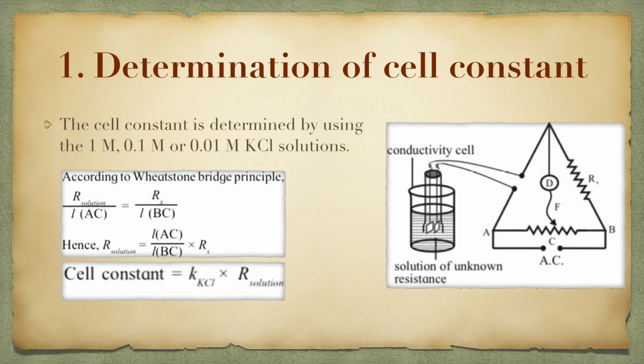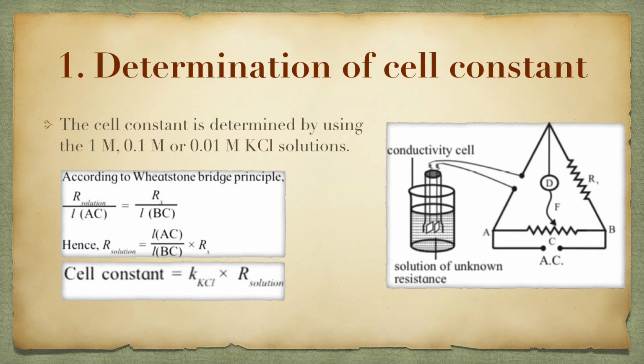F is the sliding contact that moves along AB and AC is the alternating current. The sliding contact F is moved along AB until no current flows, so the detector shows no deflection. That point is taken as C, the null point. Hopefully till here it is clear.